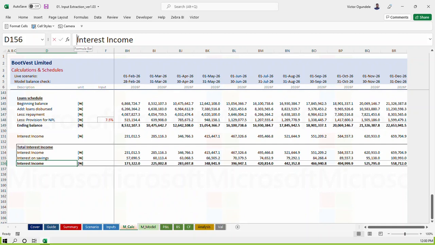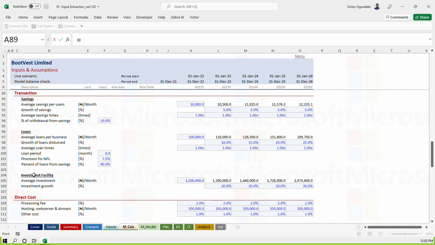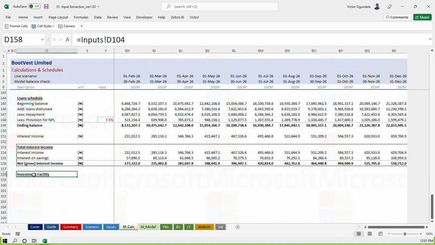Some said gross, some said net. Just select the one you prefer. Let's deal with our investment facility, which should be a little bit straightforward.